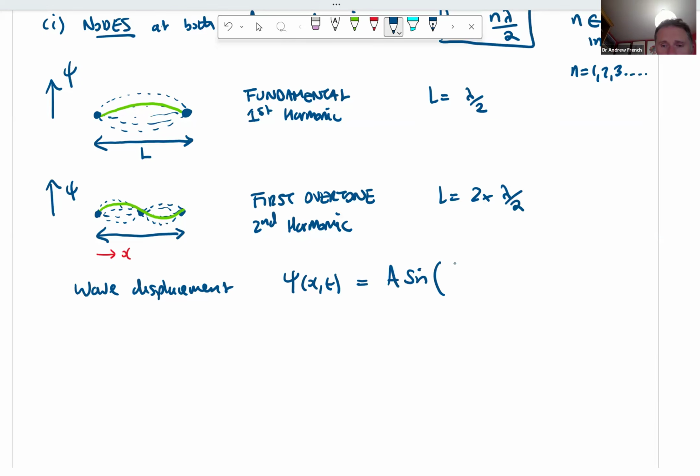You could use cosine if you like, but 2 pi radians times x over lambda. So in one wavelength, we've got a full sine wave. And we're going to multiply that by cos omega t for our standing wave. So omega is going to be 2 pi times the frequency, or 2 pi divided by the period.